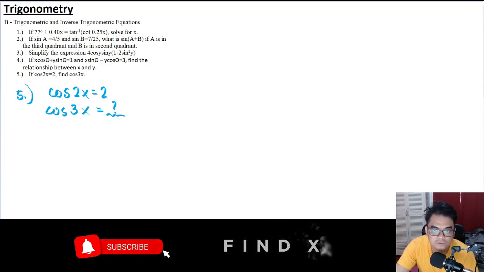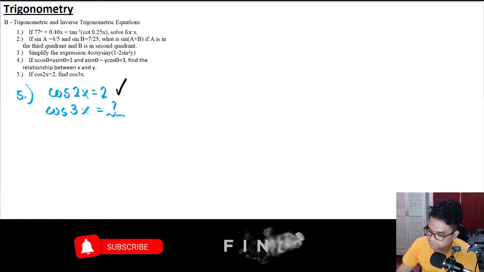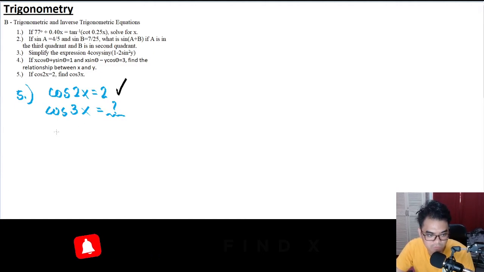Okay, so we already have cosine 2x equal to 2, right? But we all know the double angle identity of cosine 2a.